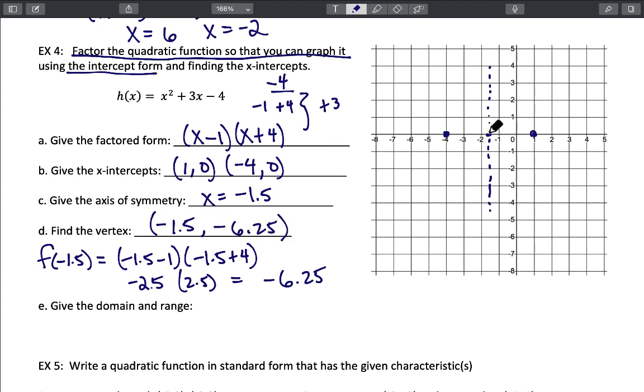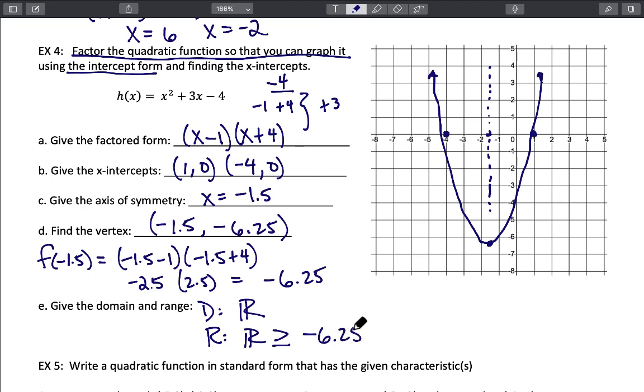I'm going to go over 1.5 to the left, down to 6.25, which is about right here. There's the vertex of my parabola, and I'm going to sketch that parabola out as best I can with my digital pen. Finally, give the domain and the range. The domain, like all quadratic functions, is all reals. My range is all reals greater than or equal to my minimum point of negative 6.25.